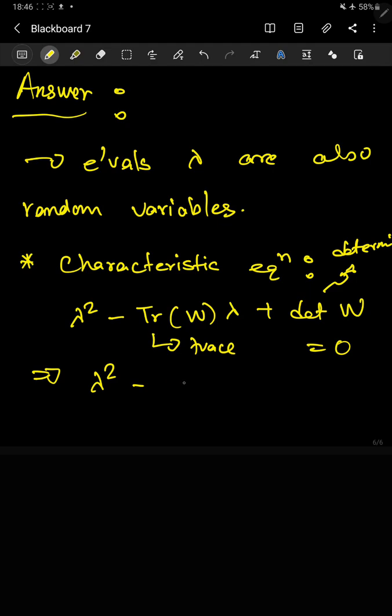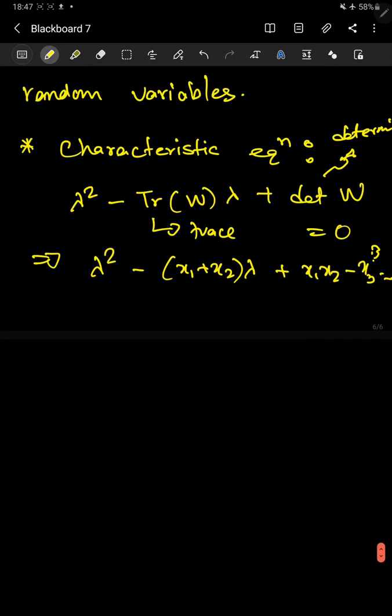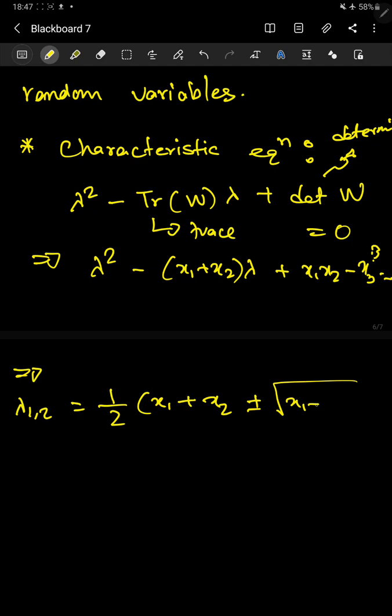So if I plug in the values of trace and determinant, lambda squared minus (x1 plus x2) lambda plus x1 x2 minus x3 squared, and by a little algebra you will see that you'll get two values and they will be like this: plus minus the square root of (x1 minus x2) squared plus 4 x3 squared.